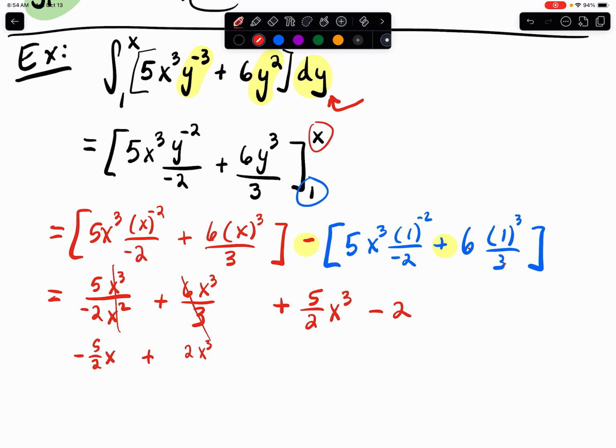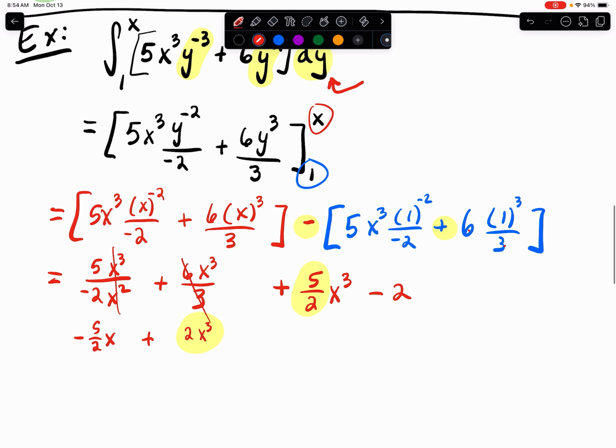All right, so I have 2 and then plus 5 over 2. So what is that? 4 over 2 plus 5 over 2 gets you 9 over 2. 9 over 2 x cubed. Okay. And then minus 5 over 2 x and then minus 2.